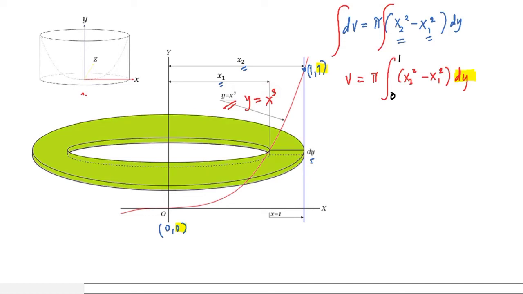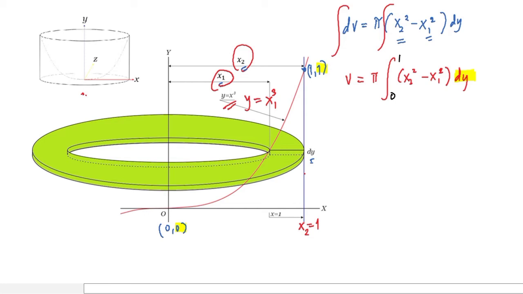Wherein ito, y is equal to x cubed, ito yung equation natin dito sa left. So that would be the x sub 1. Now, for this part, sa x sub 2 natin, we have this equation, x is equal to 1. And this x is equal to 1, siya naman itong x sub 2. So this is x sub 2.